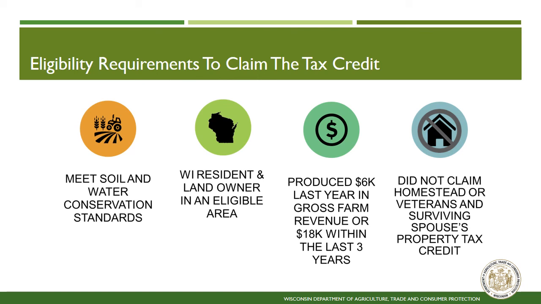This includes lands in a farmland preservation zoning district or lands enrolled in a farmland preservation agreement in a designated AEA. Next, the farm must have produced $6,000 last year in gross farm revenue or $18,000 of gross farm revenue within the last 3 years. Lastly, you do not claim the homestead or the Veterans and Surviving Spouses Property Tax Credit.